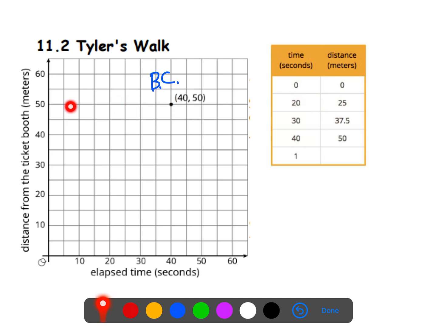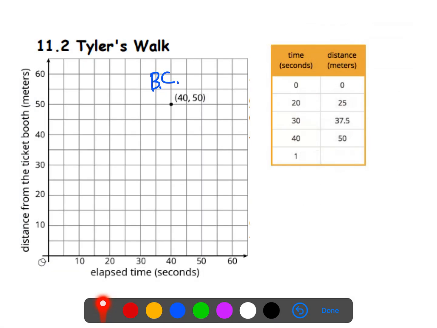If we extend it to the x and the y axis, and we can look at the labels here closely, we can see if we go to the x-axis, that is time in seconds. If we go to the y-axis, that is the distance from the ticket booth in meters. So using that information, we can see that he reached the bumper cars 40 seconds after leaving the ticket booth, and that the bumper cars are 50 meters away from the ticket booth.